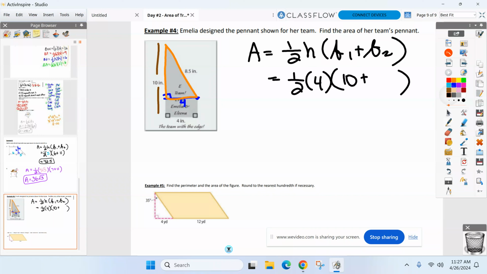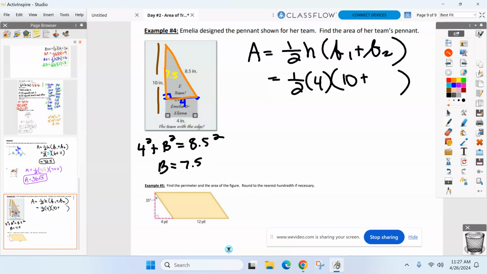So what I'm hoping you guys saw was, hey, I can do Pythag. 4 squared plus that other side squared equals 8.5 squared. Find that side, which is 7.5. So that side now is 7.5.